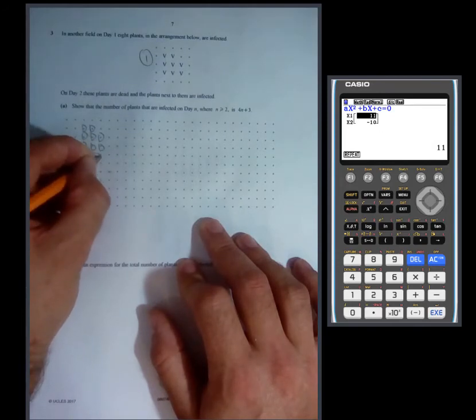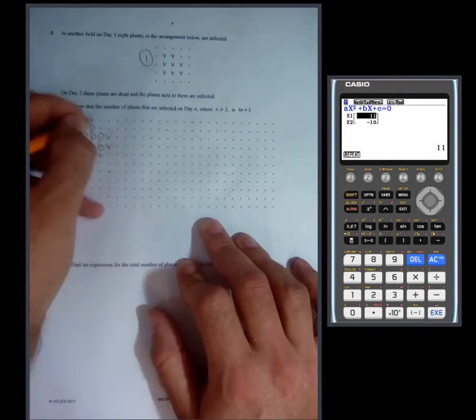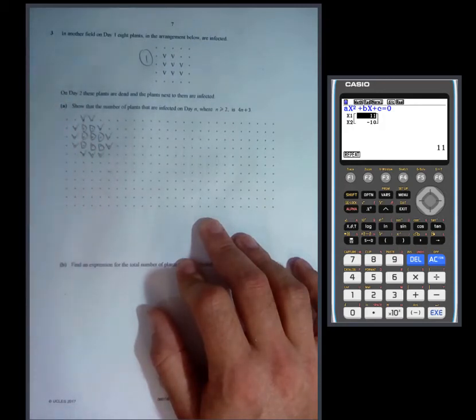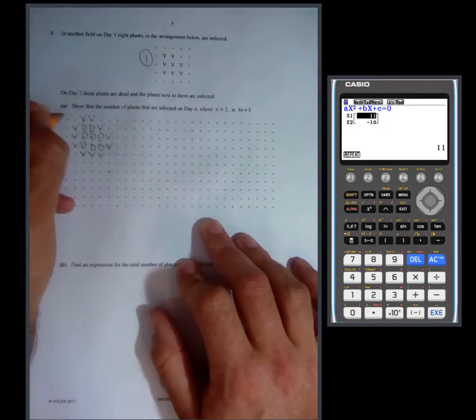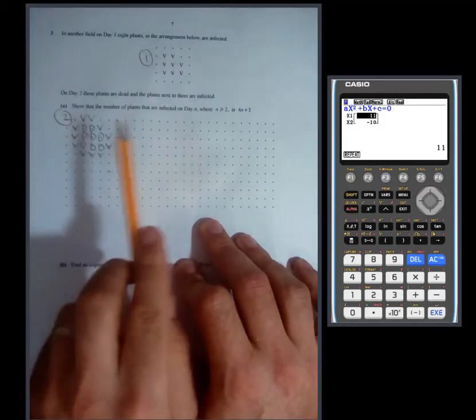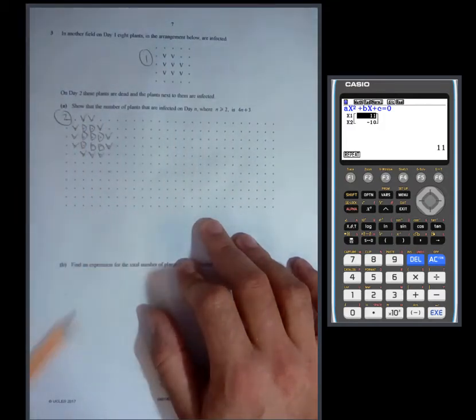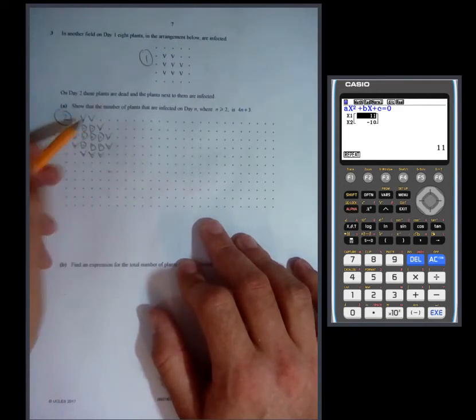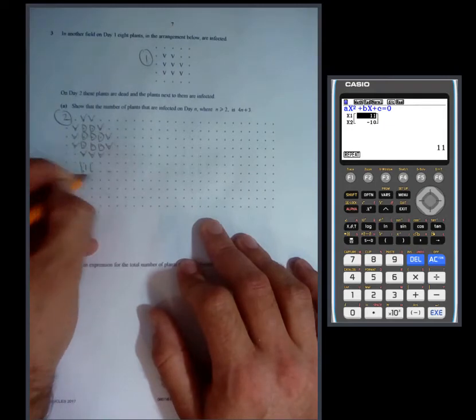So virus, virus, virus, and so on. Right, so that is day 2, and we're interested in the number that are infected. Just the number that are infected: 1, 2, 3, 4, 5, 6, 7, 8, 9, 10, 11. So that's 11 with the virus.